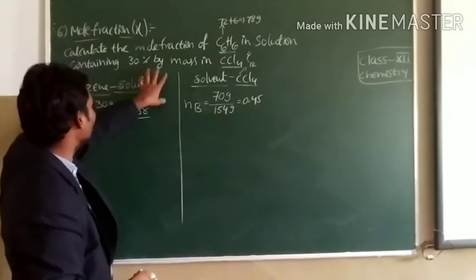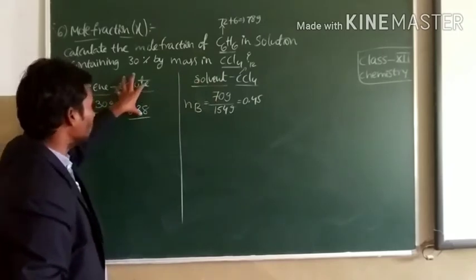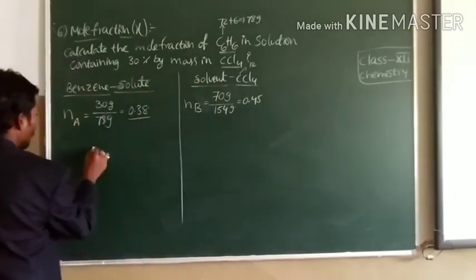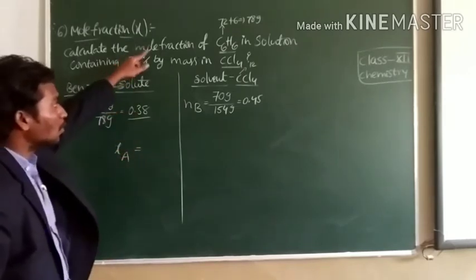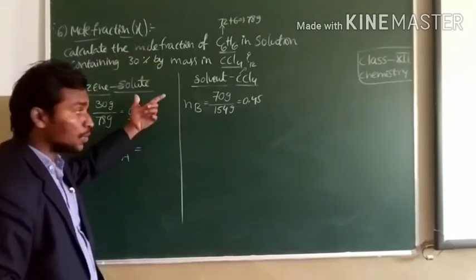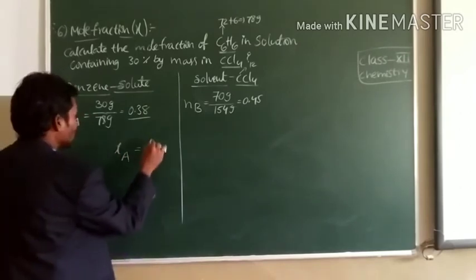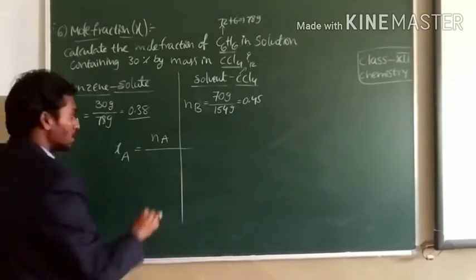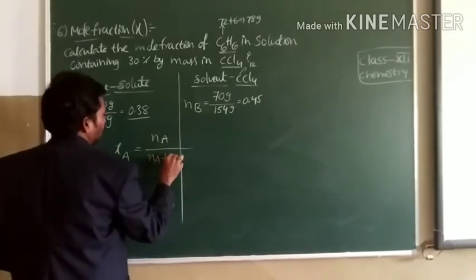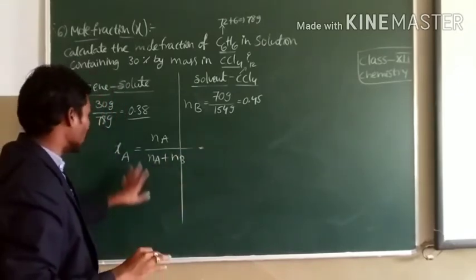Now what do we have to find out? The mole fraction of benzene. That means we have to find the mole fraction of solute, children. Mole fraction of solute, Chi A, is equal to number of moles of solute by total number of moles, that is Na by Na plus Nb. I hope you are getting the point, children.